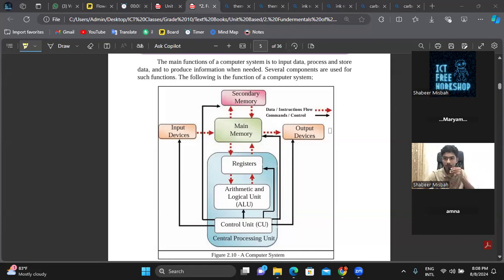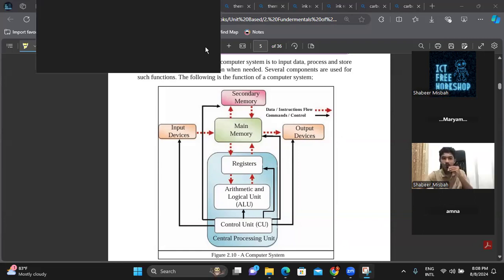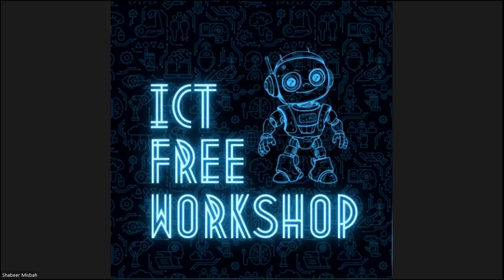So now we are going to discuss a computer system. Before I start, give me 2 minutes. I'll start the class in 2 minutes. Give me some time.